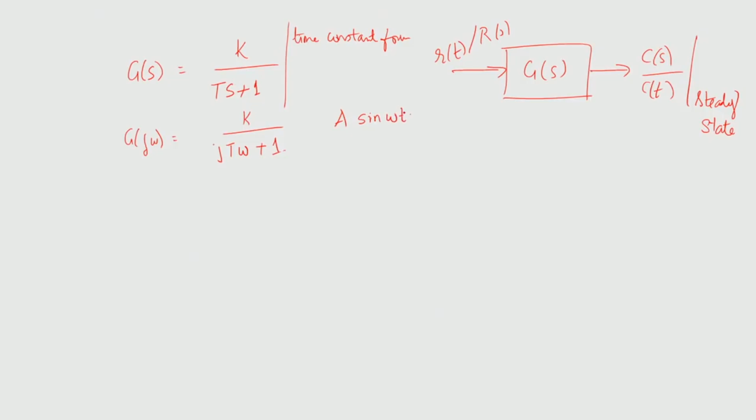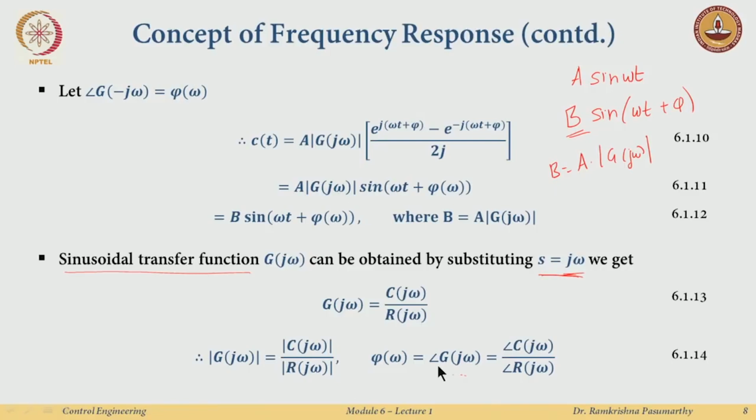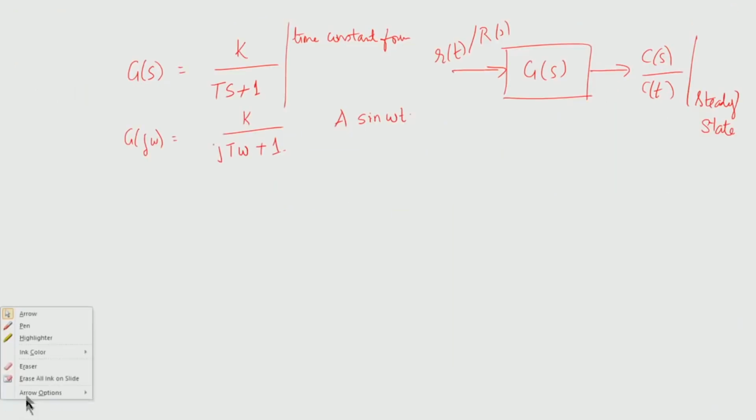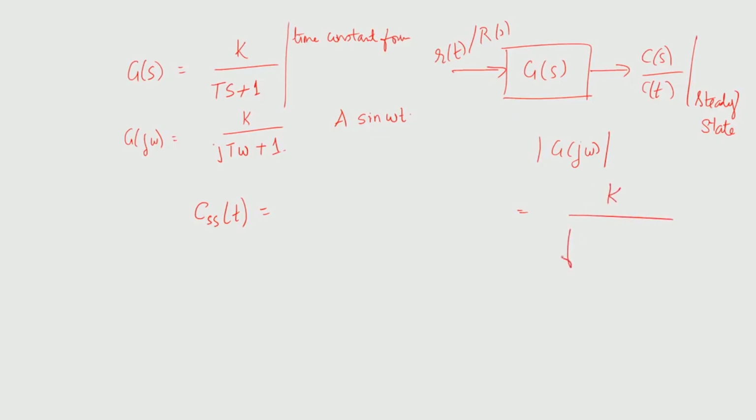So, what this entire analysis tells you is that the steady state output, which I call C_ss of t, is computed using the magnitude of G of j omega. What is the magnitude here? Well, that is straightforward to compute: k over square root of 1 plus omega square T square.